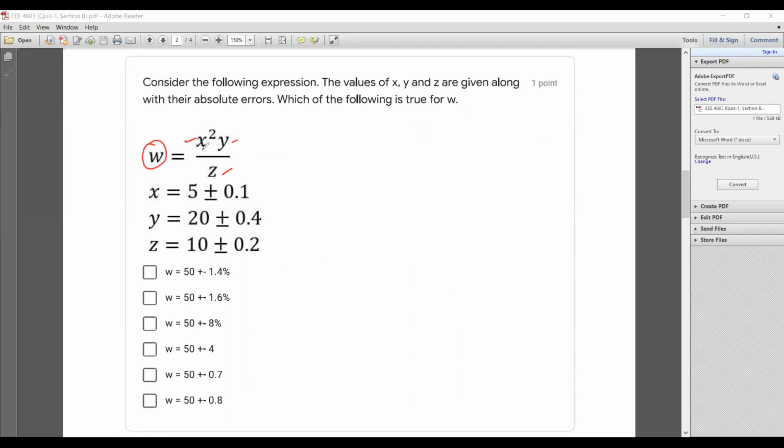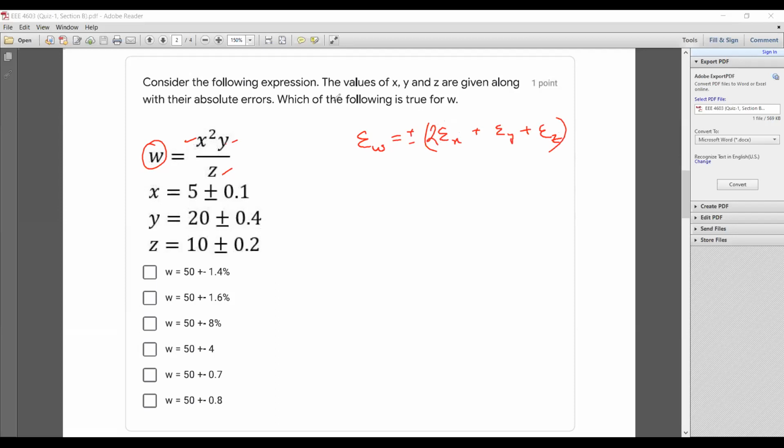First, let us consider the multiplication and division. For that, you know that the relative error in W should be the summation of the relative errors in X, Y, and Z. And as X is raised to the power of 2, considering the power, the 2 will be multiplied with the relative error of X.